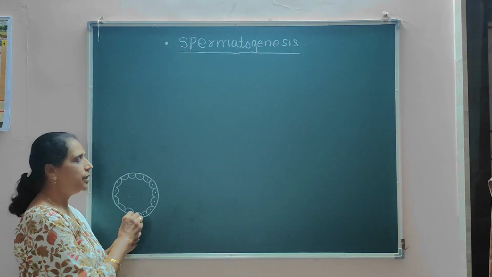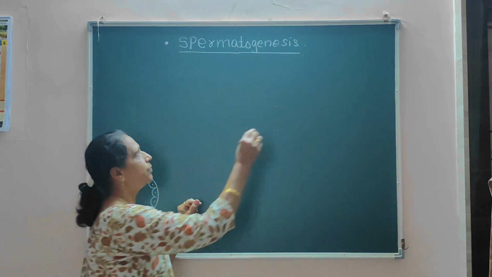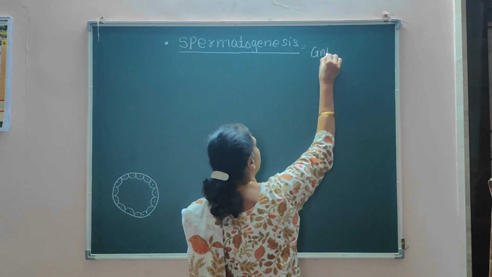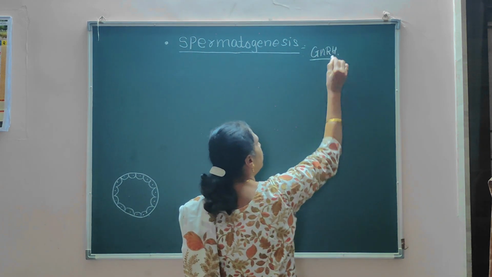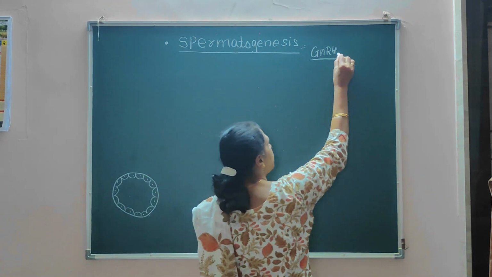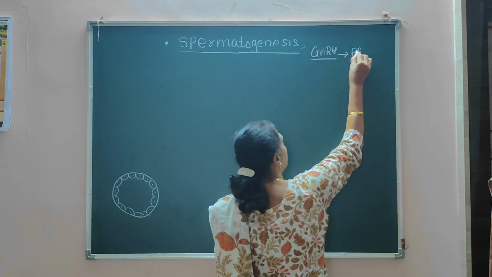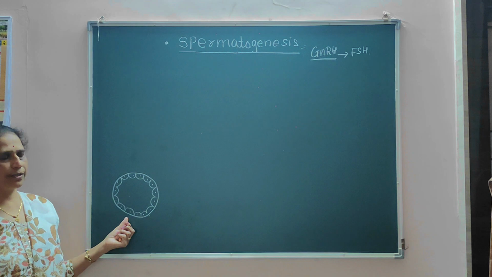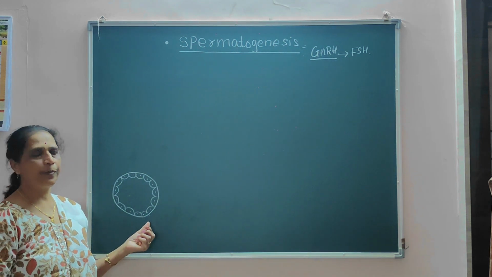After maturity in males, there is secretion of gonadotropin releasing hormone. This gonadotropin releasing hormone stimulates the secretion of FSH. This FSH again stimulates the seminiferous tubules, which helps in production of sperms.